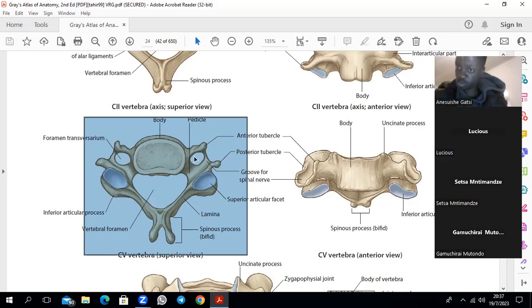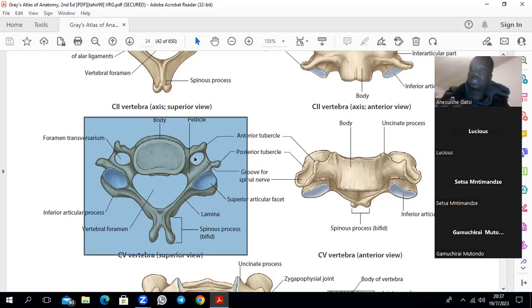But to make your life very easy, that's where you start. Just know the movement of the joint first. So atlanto-occipital joints are synovial. Atlantoaxial is synovial as well, but atlantoaxial is a combination of 3 joints. It's not just one joint.